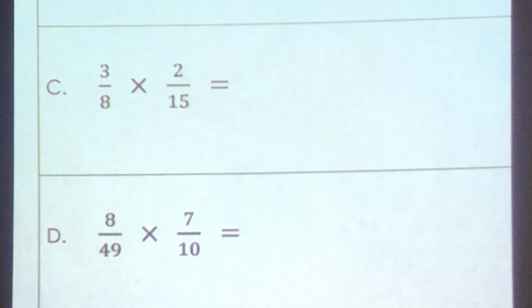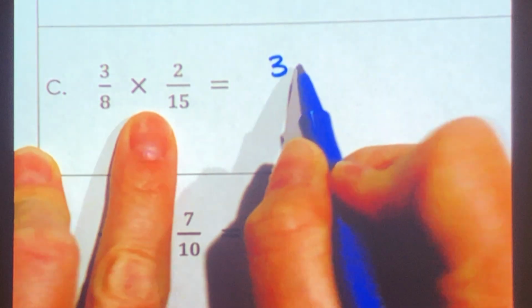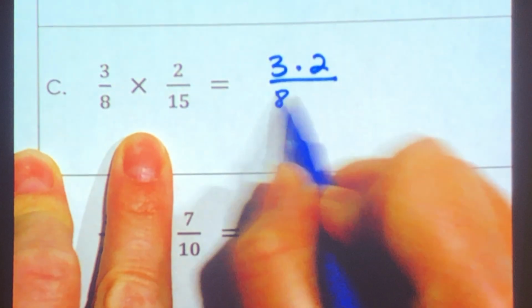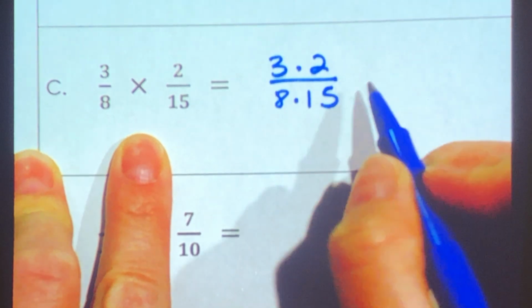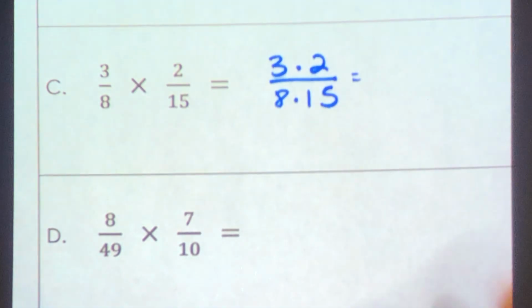So let's take a look at this next one. I have 3/8 times 2/15. So this means 3 times 2 to get my numerator, and 8 times 15 to get my denominator. Okay, now, in looking at this, I want to see, can I simplify beforehand?